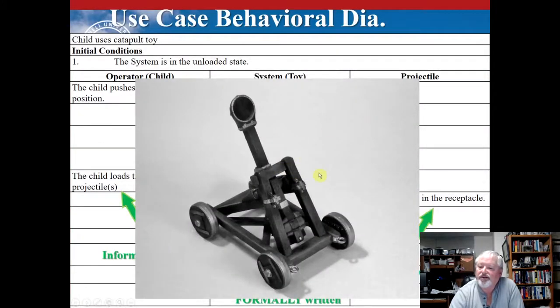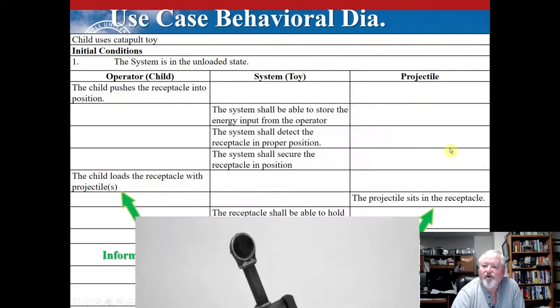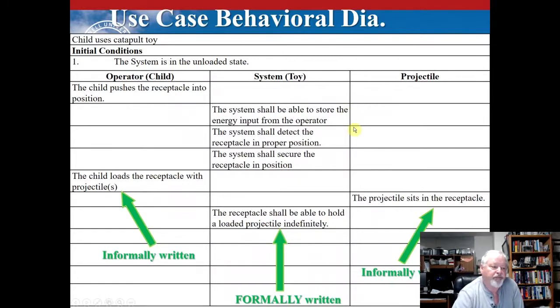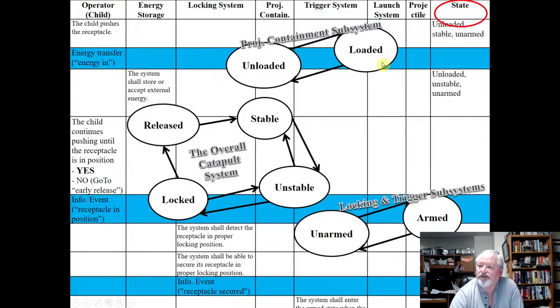We're going to take a look now at the example of the toy catapult, which was also used in class. And here's your ODT, the simple one showing the operator, the system, and the projectile, where the requirements are in here. We're going to look at the more detailed one here, which shows your subsystems.